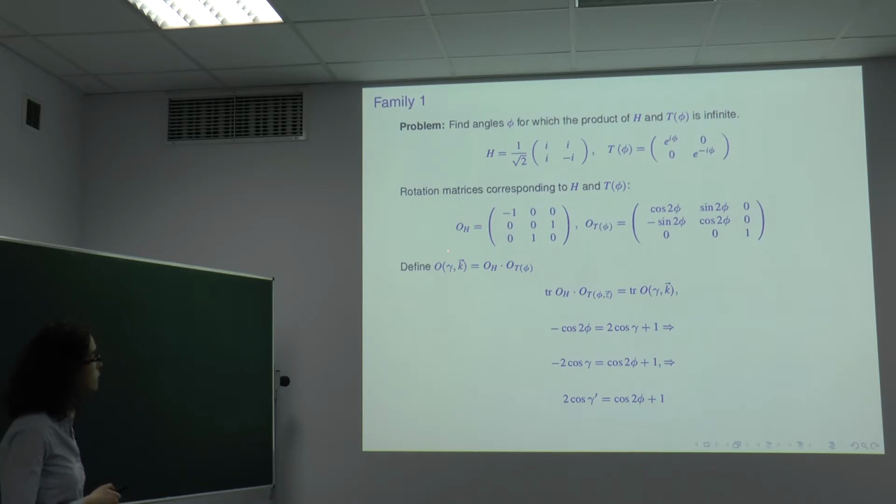On the other hand, if we diagonalize this rotation matrix, the trace of this diagonalized O gamma k is of this form. So we have this equality. After some very simple transformation, we finish with this final equation, where gamma prime is gamma plus pi, because we want to change the sign of a cosine.